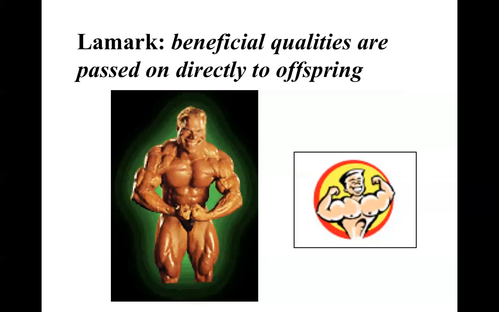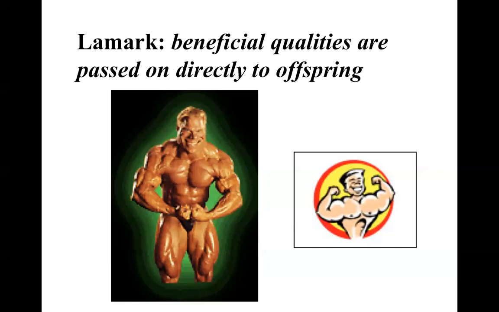Genotype is the genetic makeup of an individual, and the phenotype is the visible physical characteristics of the offspring. So everybody has a genotype and a phenotype. Okay? In other words, you have a genetic makeup, your genes, okay? And they actually determine your phenotype, what you look like, the physical characteristics.